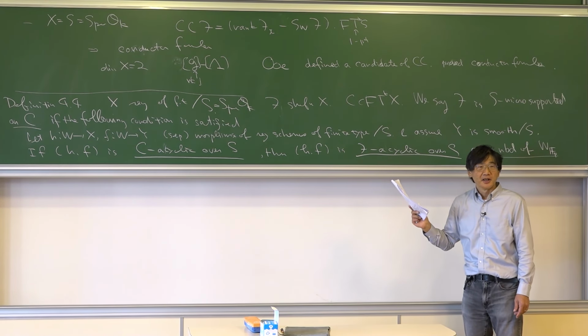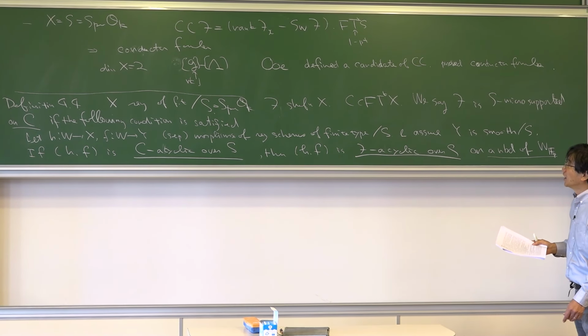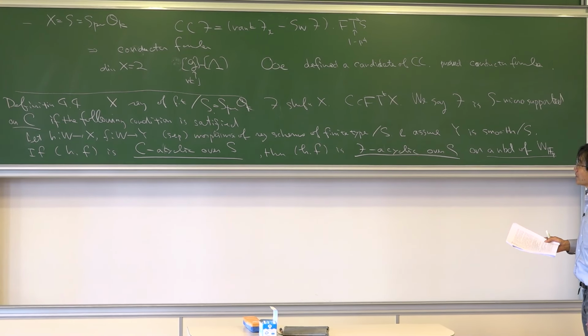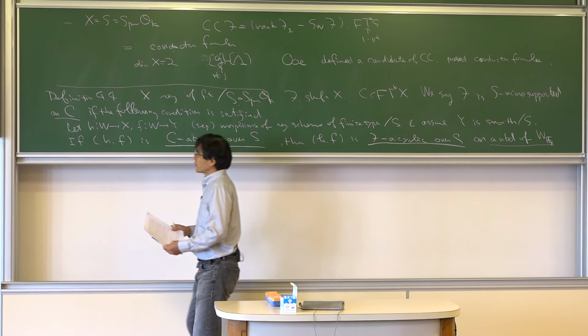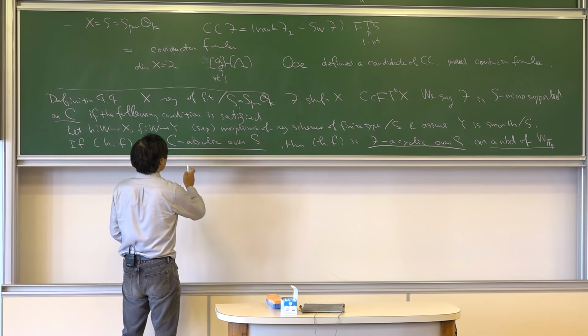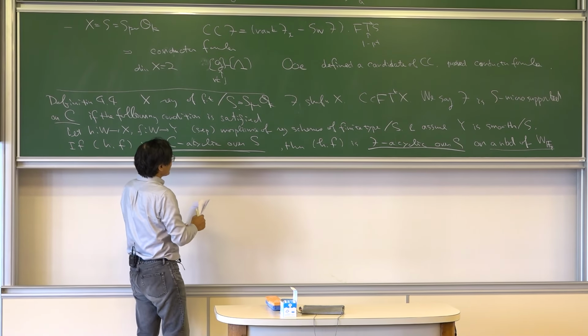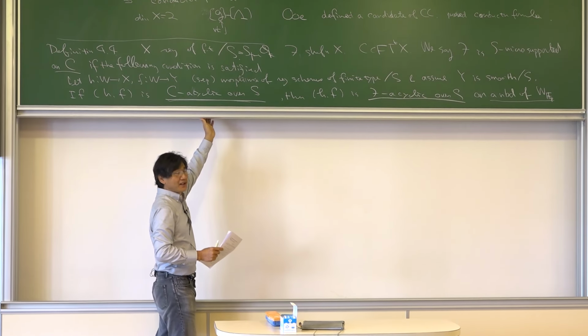Can S be a curve over a perfect field, in equal characteristic instead of mixed characteristic? It's not exactly equivalent, it needs a little modification.